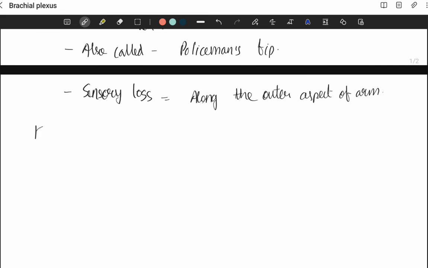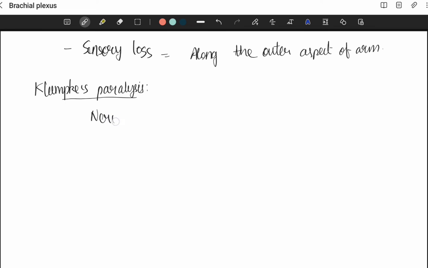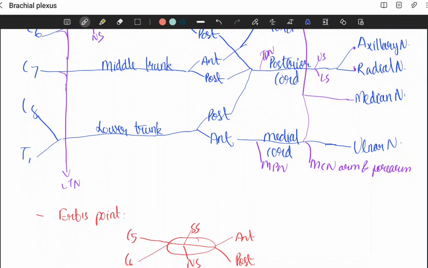Now let's talk about Klumpke's paralysis. In Klumpke's paralysis, the nerves affected are C8 and T1. Let's go back to the drawing board. C8 and T1, lower trunk, posterior division, anterior division, medial cord. So ulnar nerve will be affected, and also posterior division, posterior cord, radial nerve.